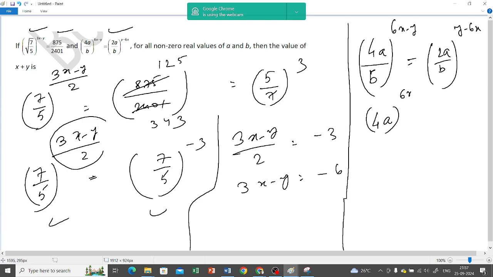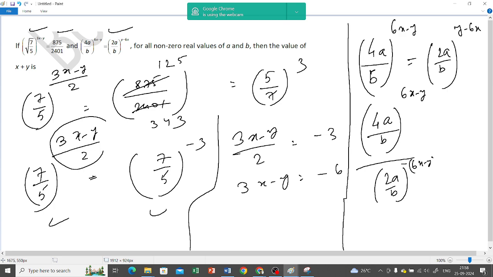So this is 6 to the, sorry. So 4a by b to the power 6x minus y divided by 2a by b to the power minus within bracket 6x minus y.